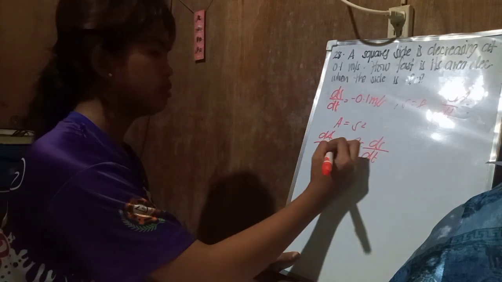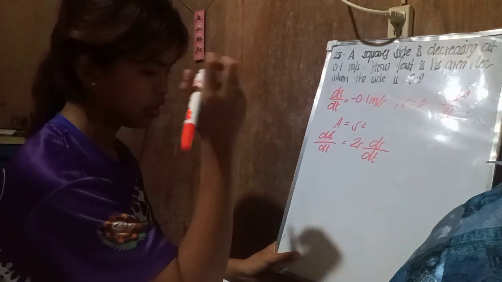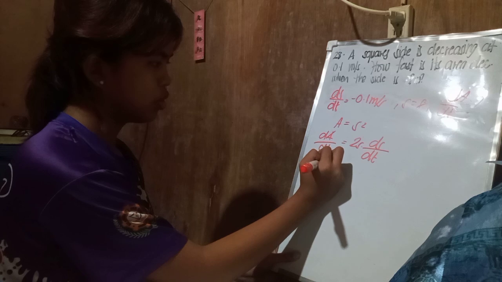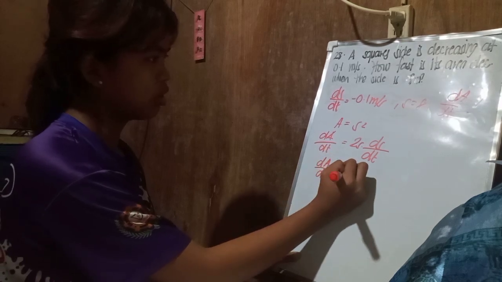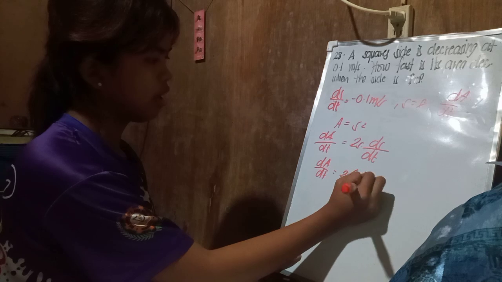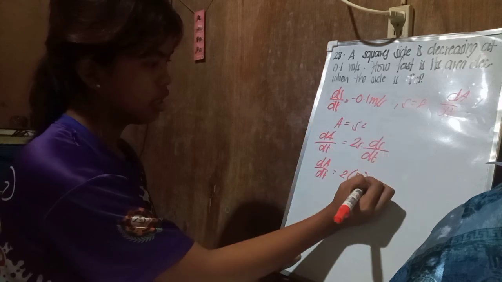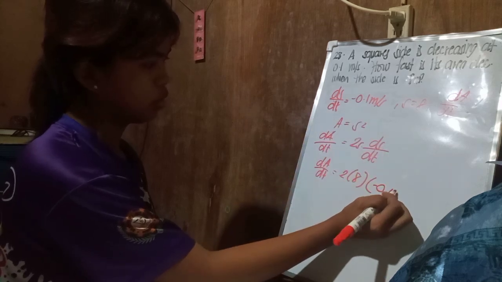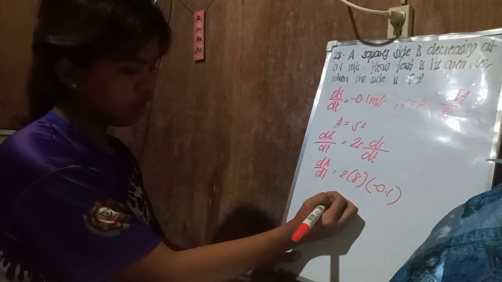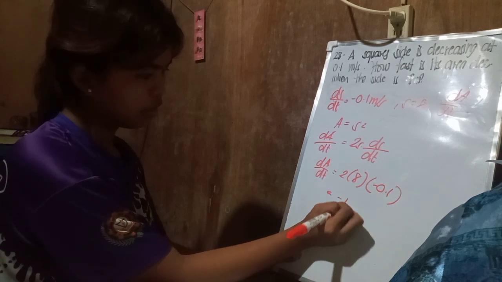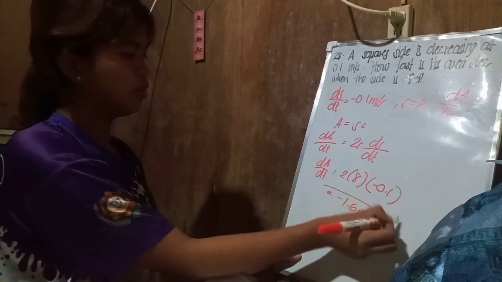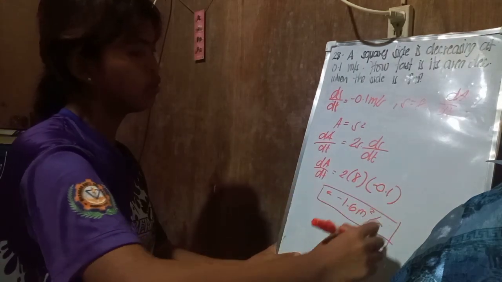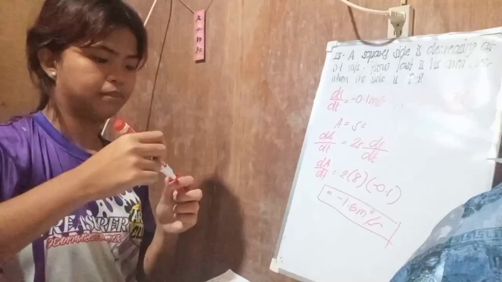Then we substitute: dA over dt equals 2 times 8 times negative 0.1. Our answer is negative 1.6 meters squared per second. So this is the answer for number 28.